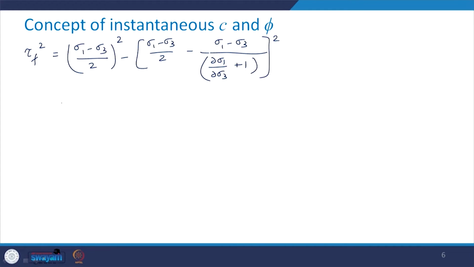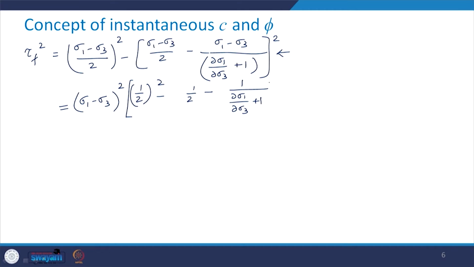So you can write it further. You take out this (sigma 1 minus sigma 3) whole square as the common factor from the whole of this expression, and you are going to get half whole square minus (half minus 1 upon (del sigma 1 del sigma 3 plus 1)), this whole square.